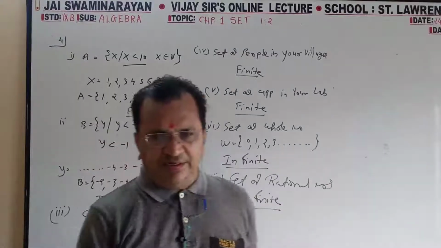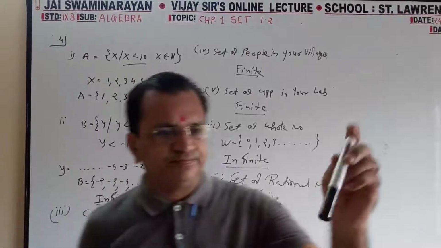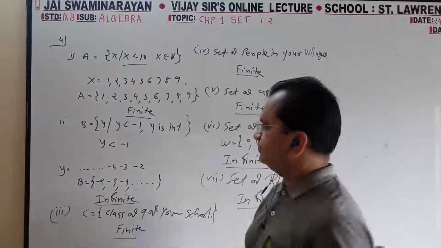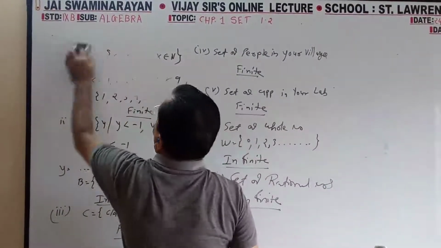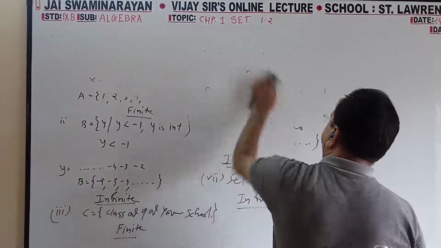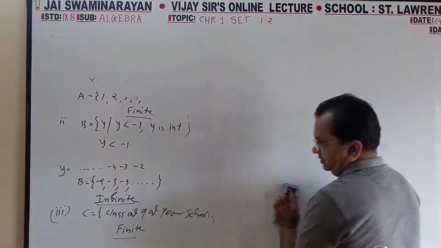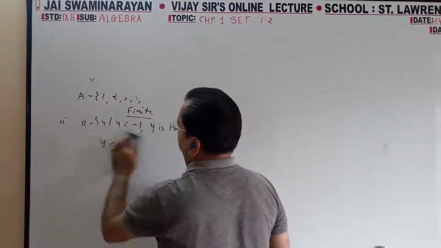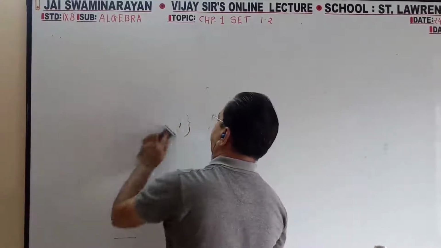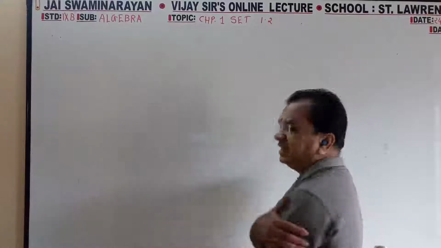Now the next topic is Venn diagram. Till now what we have written as a set, inside brackets, now the same thing we have to write in a Venn diagram. See what the difference is.